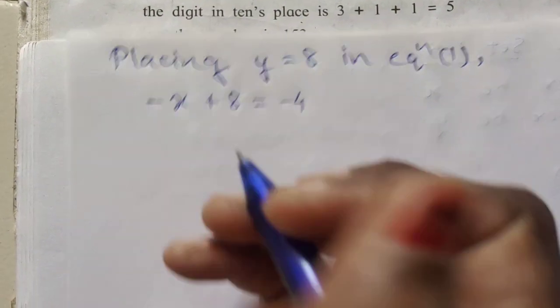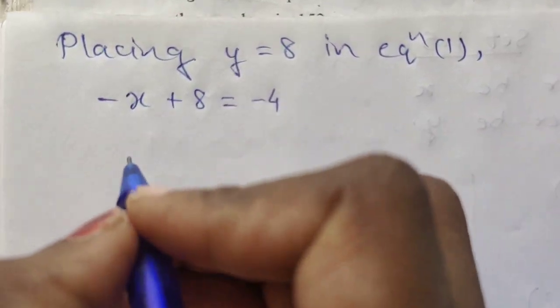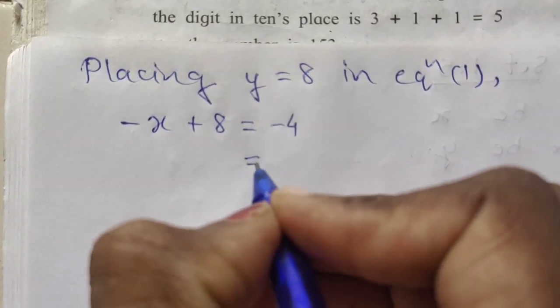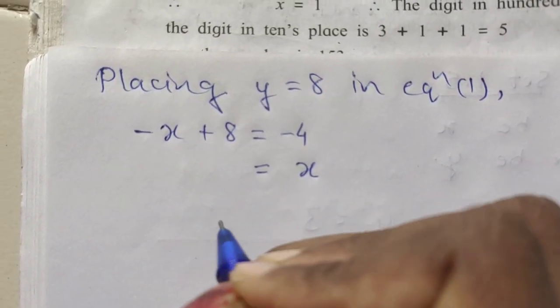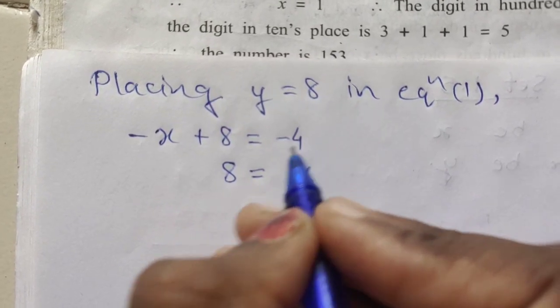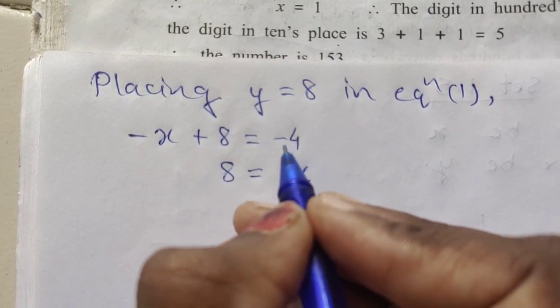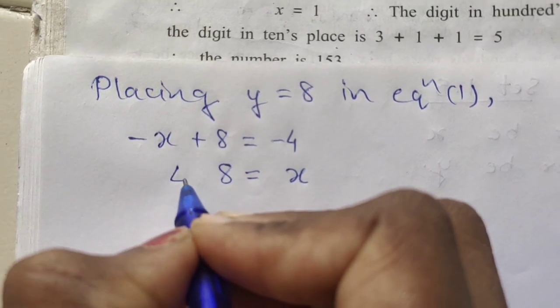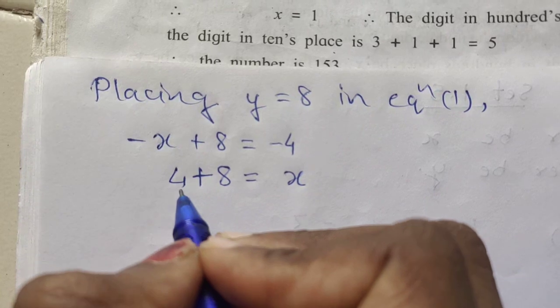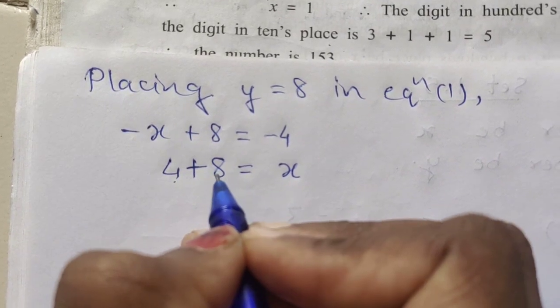Now we want positive x. So let us transfer this minus x to right hand side. Keep your 8 as it is. Now minus 4, transfer this to left hand side. So this becomes 4 plus. Minus 4 becomes 4 positive, and plus 8 is already there.